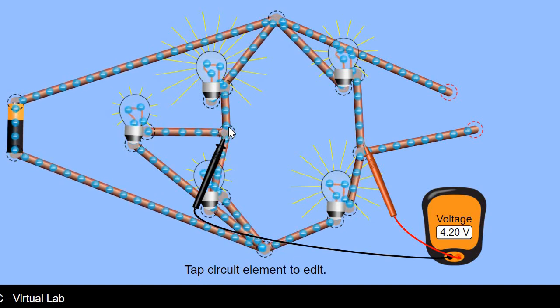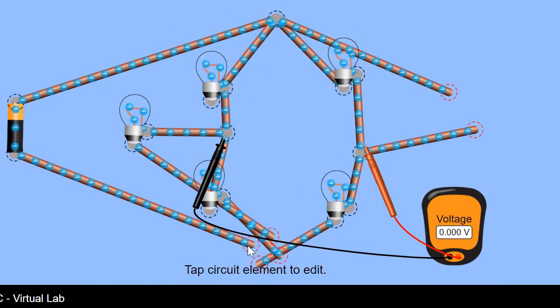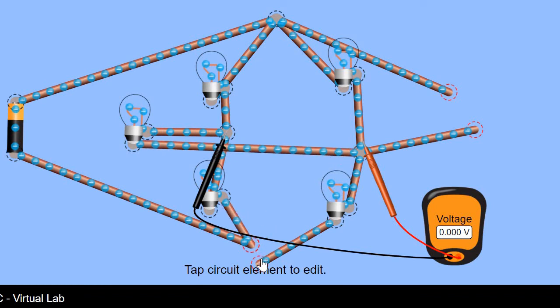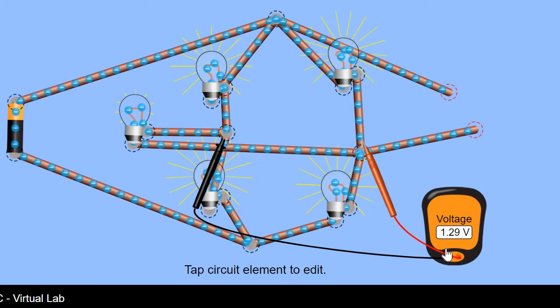Now let us see what happens to the voltmeter reading if we connect the bulb in parallel to the voltmeter. So this junction is fine. It reduced to 1.29 volts.